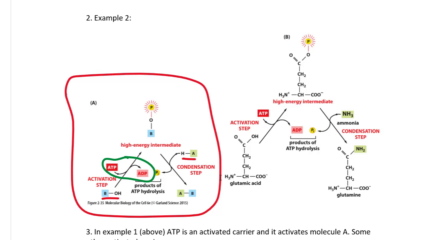The terminal phosphate of ATP is being added on to B. Then AH comes in, and the phosphate is thrown off, shown in this step right here. And you get A and B covalently attached to each other.